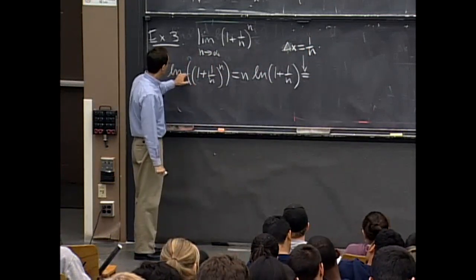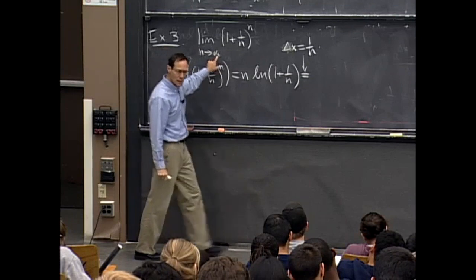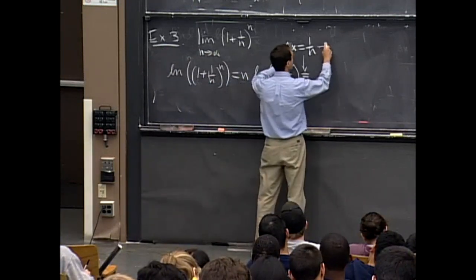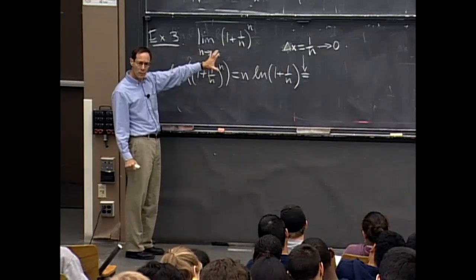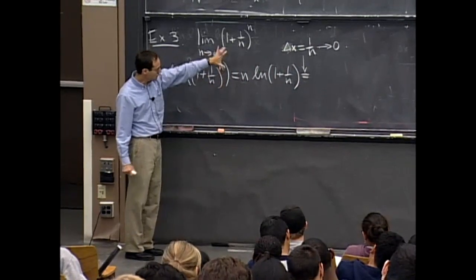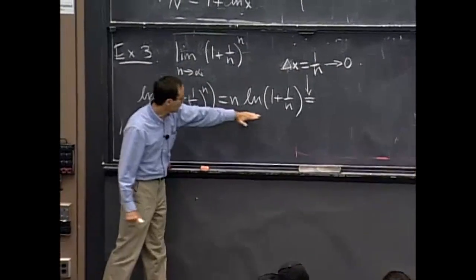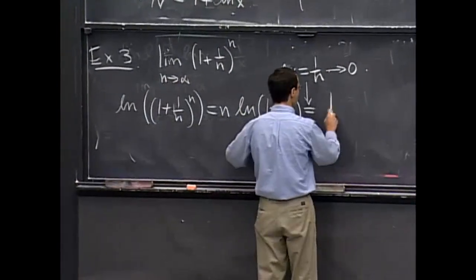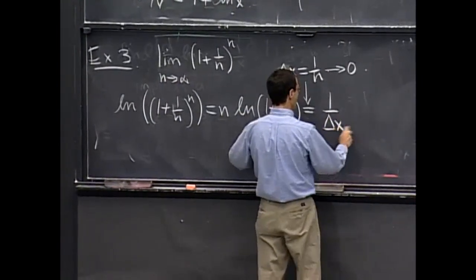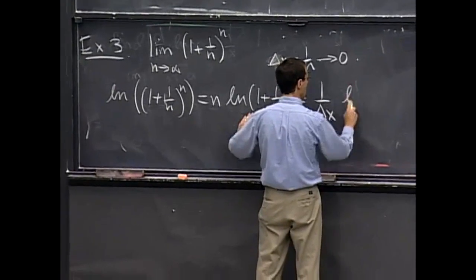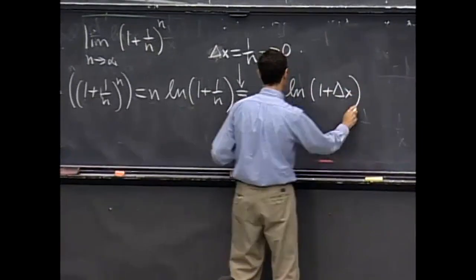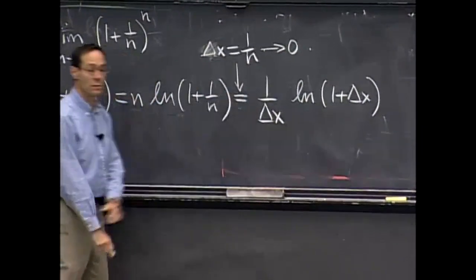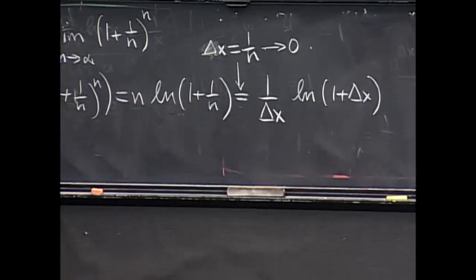So if n is going to infinity, then this delta x is going to 0. So this is more familiar territory for us in this class anyway. So let's rewrite it. Here we have 1 over delta x, multiplied by log of (1 + delta x). So n is the reciprocal of delta x.